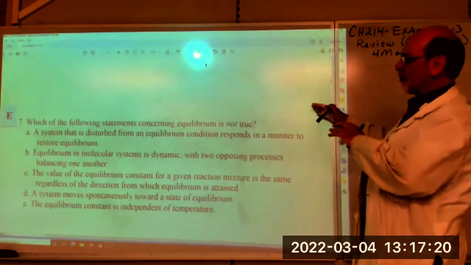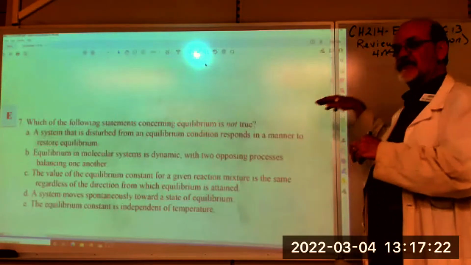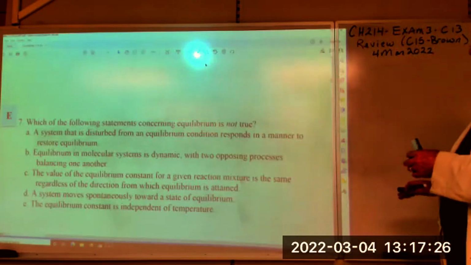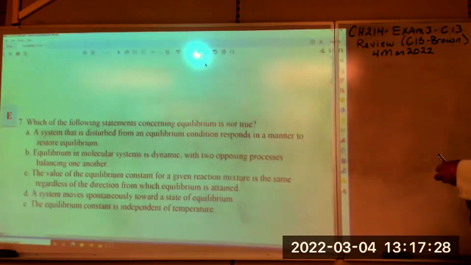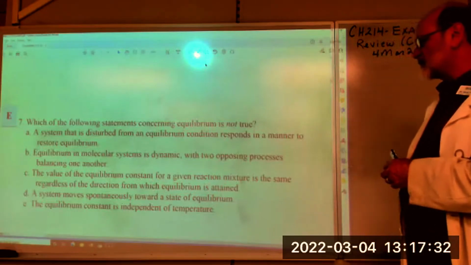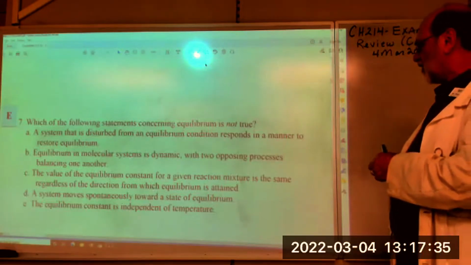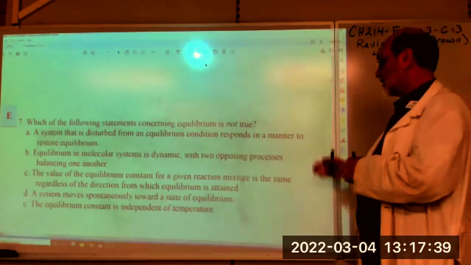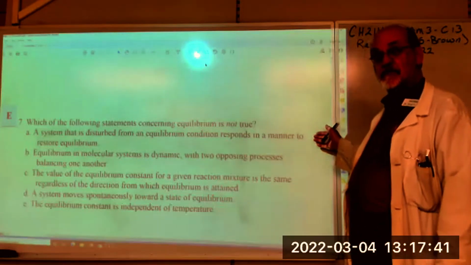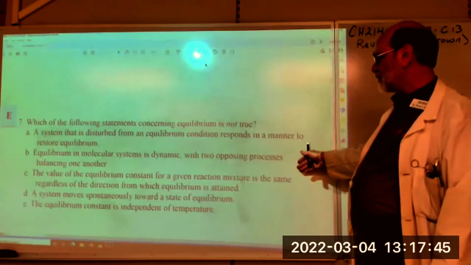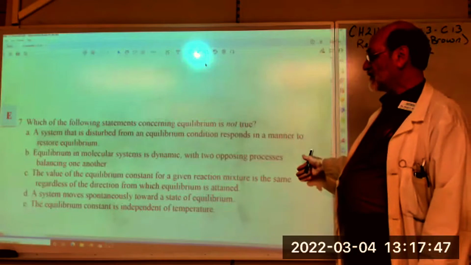No, so now we're separated from that previous, and this is a standalone problem. Which of the following statements concerning equilibrium is not true? A system that is disturbed from an equilibrium condition responds in a manner to restore equilibrium. Yep, that's basically Le Chatelier's principle. Equilibrium in molecular systems is dynamic with 2 opposing processes balancing one another.